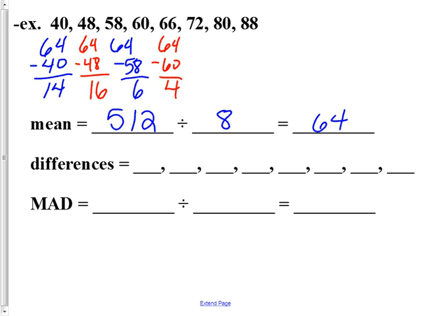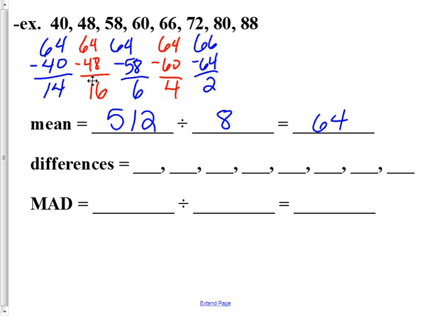Then I get over to where I need to put the other pieces of data and subtract 64 from those rather than subtracting them from 64. The reason is that I just want the absolute value of the differences. I don't really care whether it's negative or positive, so it's easier to just switch the order around. So I'm going to do 66 minus 64, which is 2.